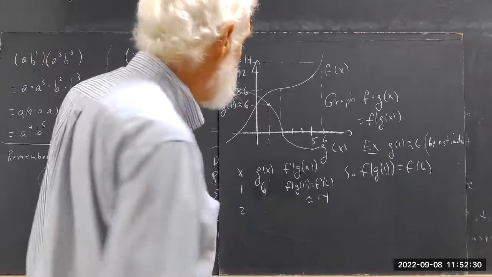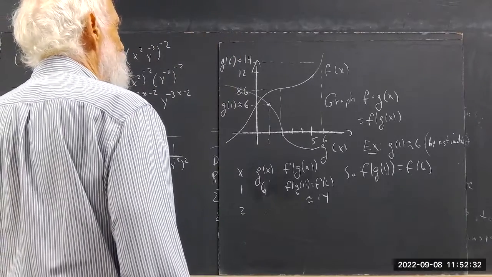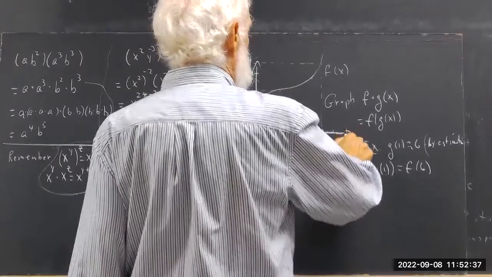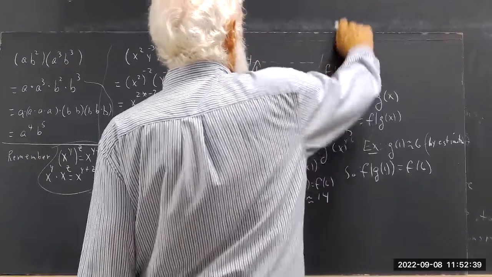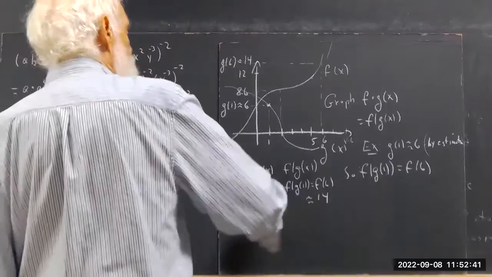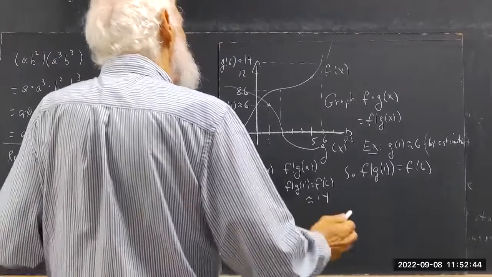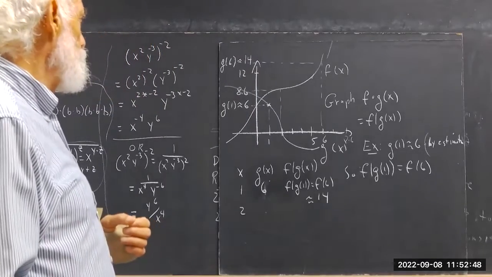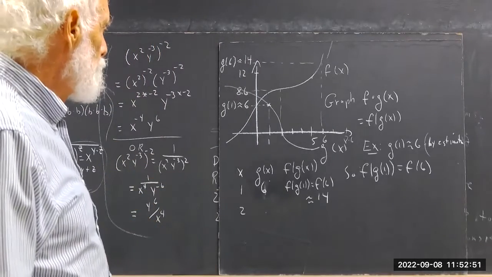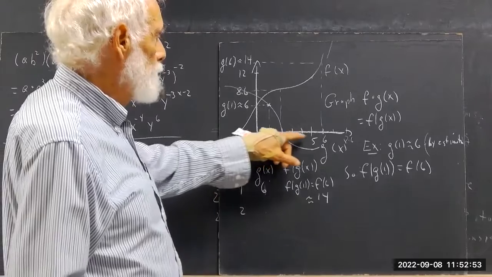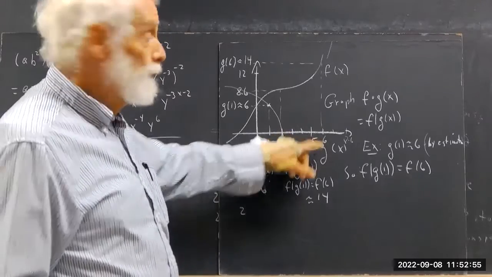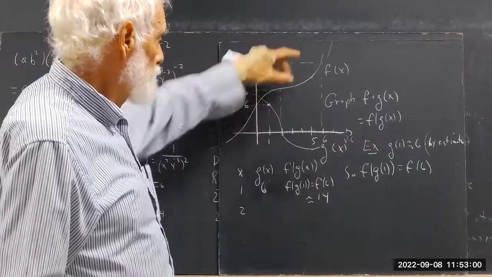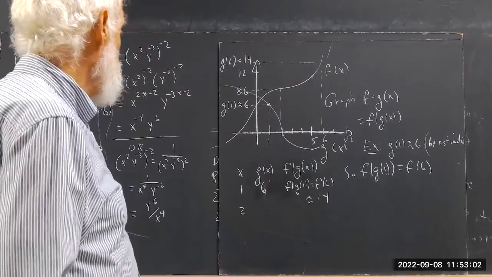Well, that means I'd have to go out to 8.6 here. It means I'd have to extend my graph and make an estimate here. Unfortunately, I asked this in the wrong direction, but you understand: if you take a bunch of points here, you can find your g of x's, and you can use those to estimate your f of x's like we did here.